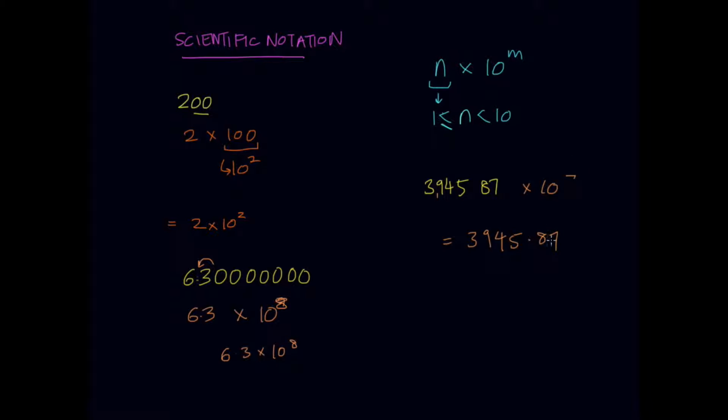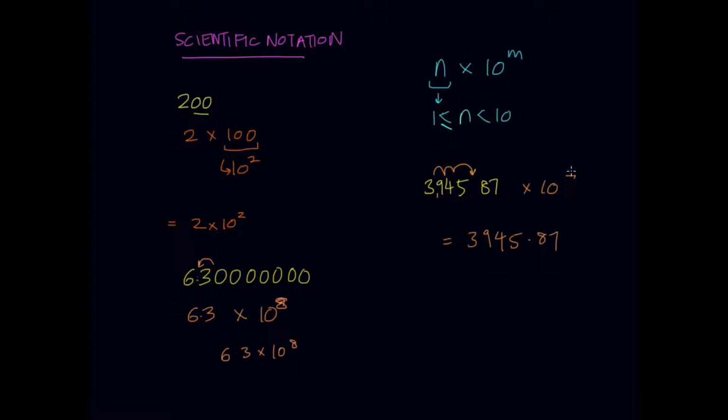Now our decimal is currently after the 3, but we wanted to move 3 places to the right and go back after 5 here. So in order to do that, it has to move 3 places to the right. 1, 2, and 3. Okay, and when you want the decimal to move to the right, your power has to be positive.